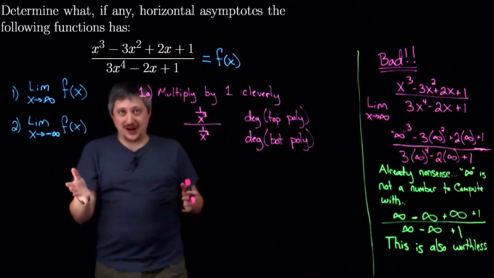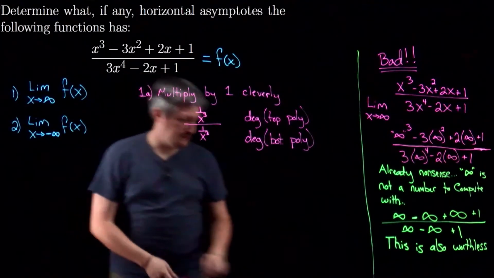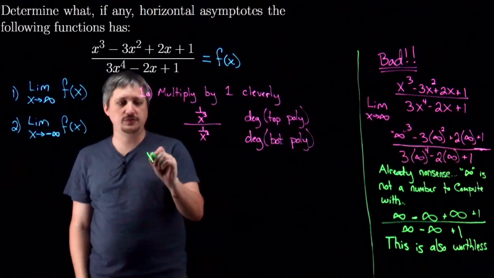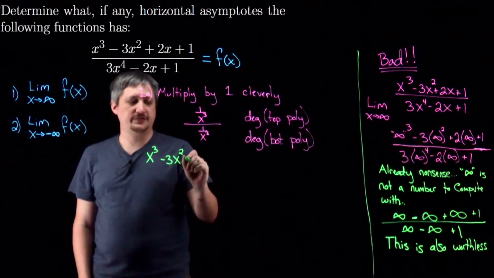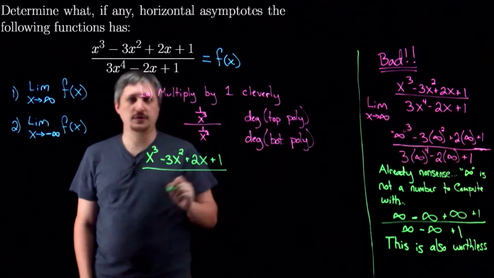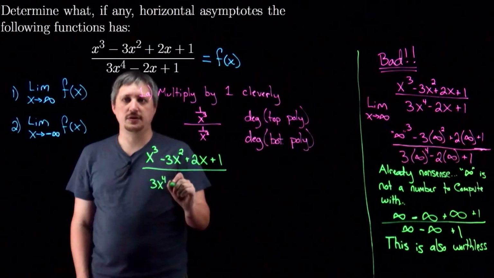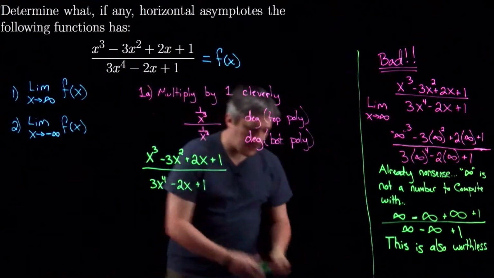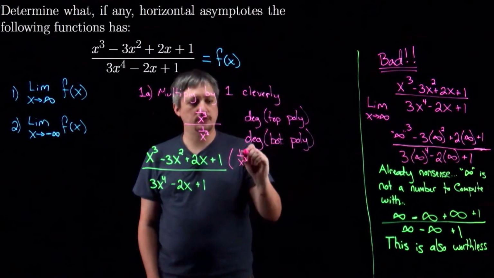Now, a good question is why? So let's see what happens when I multiply this. Let me write this out. I have x cubed minus 3x squared plus 2x plus 1 over 3x to the 4th minus 2x plus 1, and I'm multiplying the top and bottom by 1 over x cubed.